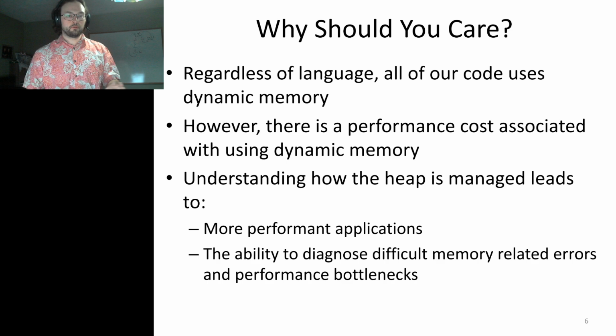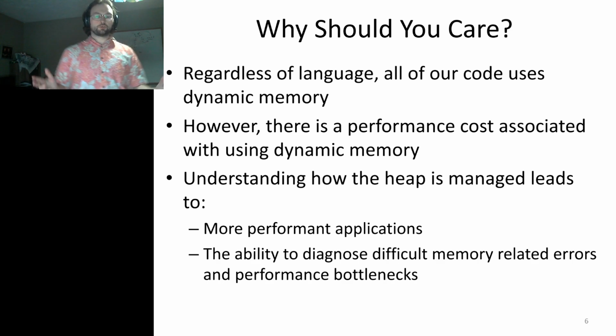Now, it doesn't really matter what language you're using, you're definitely allocating memory dynamically unless you're writing Fortran code and statically allocating arrays, which might happen, but probably not if you're a computer science major. So you're doing this all the time.